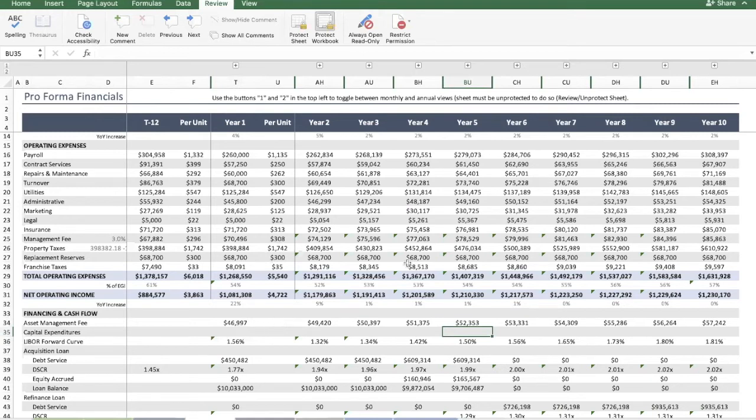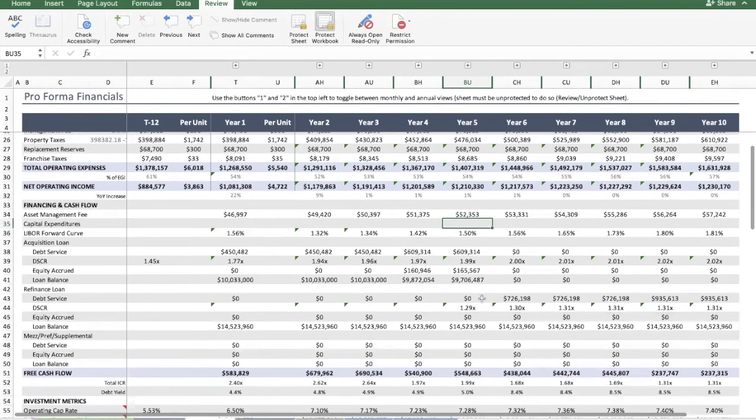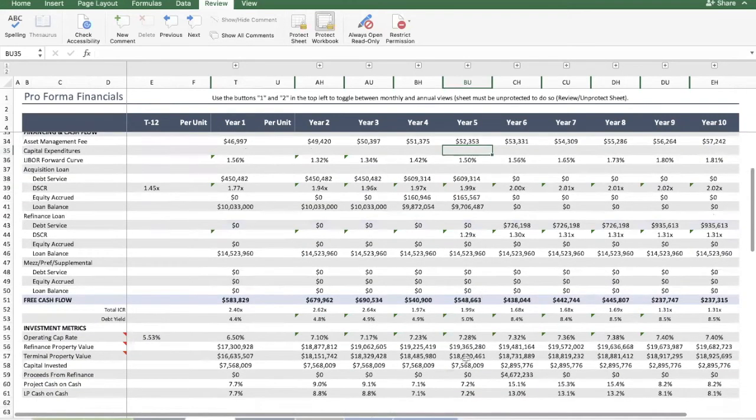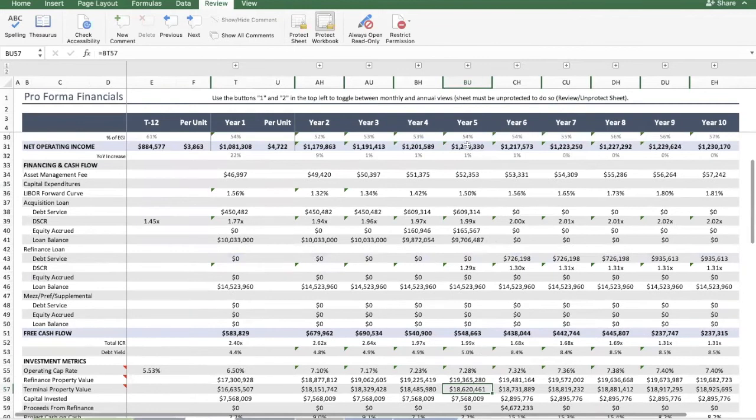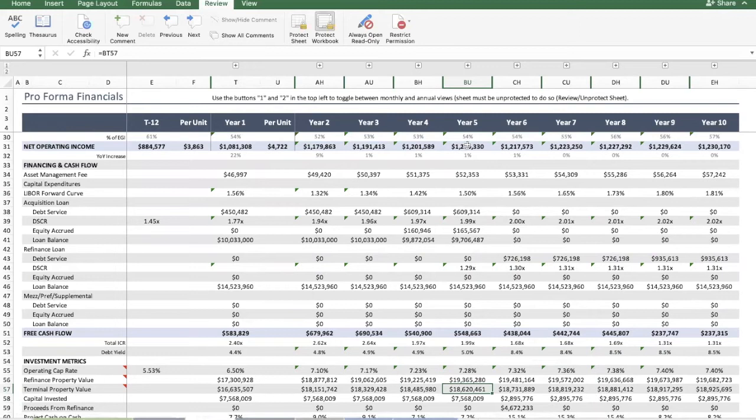And then the next point is when we're actually calculating what the sale price is. So I'll scroll down to here where we calculate the property value upon sale. This is being calculated by taking this NOI directly above it for year 5 and dividing it by our projected exit cap, which, like I mentioned, for this deal is 6.5.